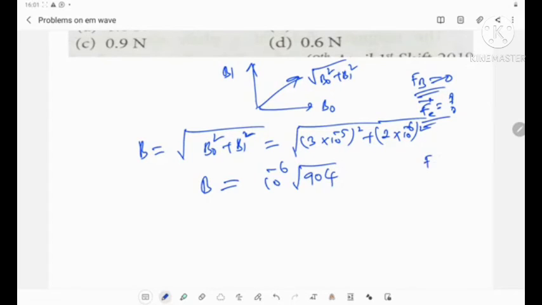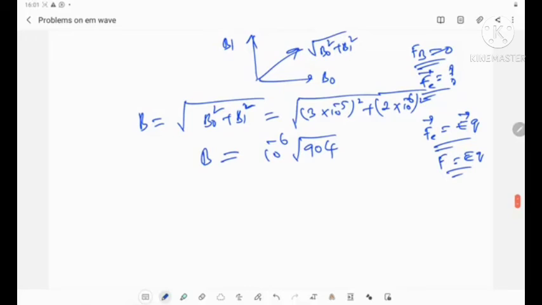Here the force due to the electric field becomes E times Q. Therefore, we only have to take the magnitude: F is equal to EQ. First we have to find out E. E is equal to C into B. C is 3 into 10 to the power of 8.